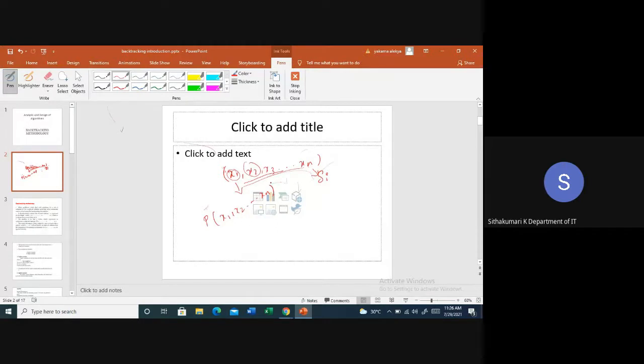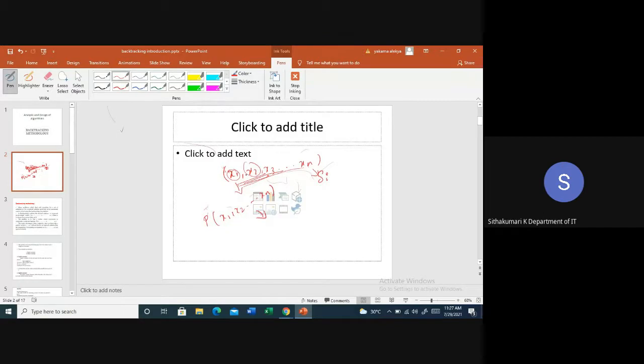This solution vector should give you the optimal solution, either maximizing or minimizing, and it has to satisfy the given constraints. This P is the objective function, and this is the solution vector.